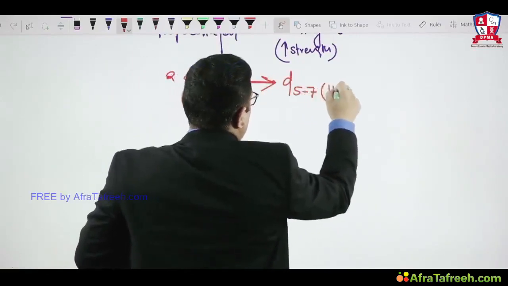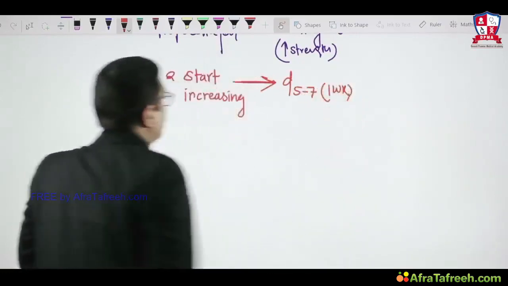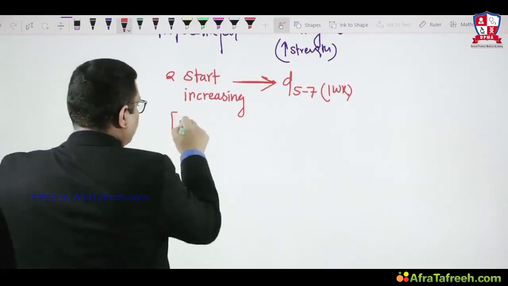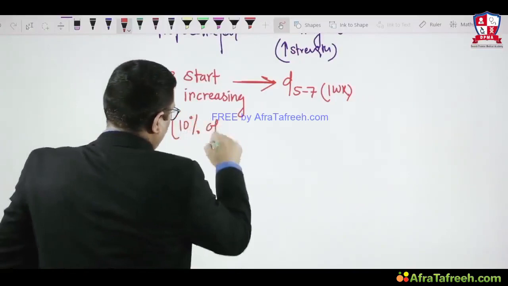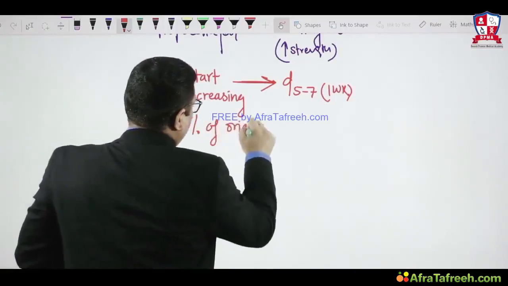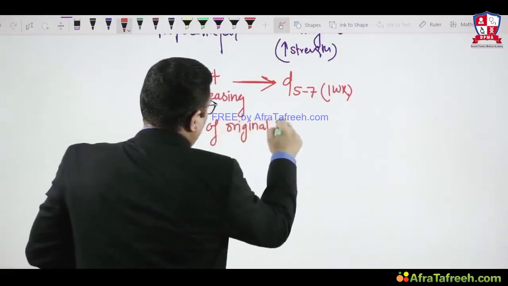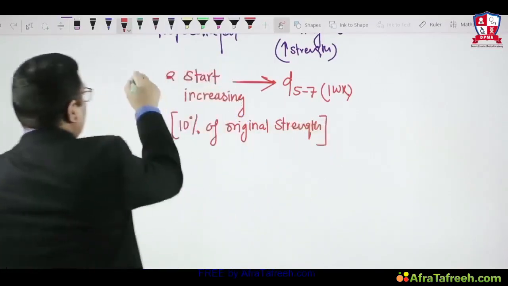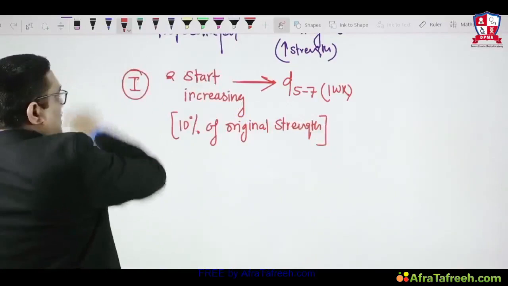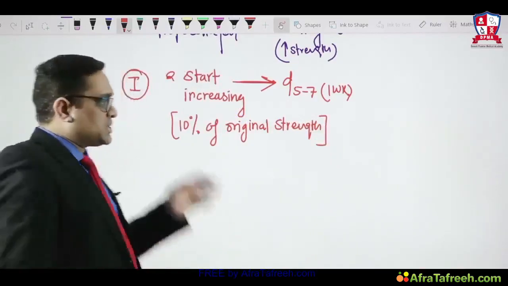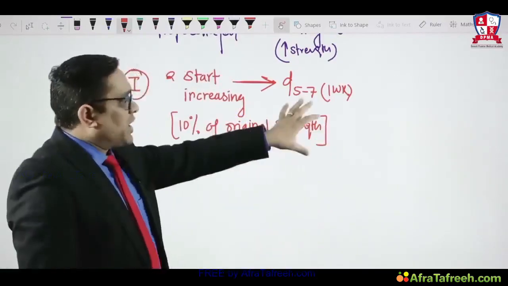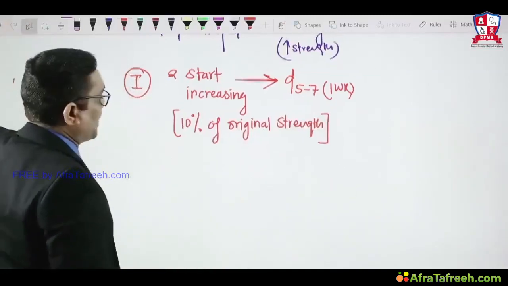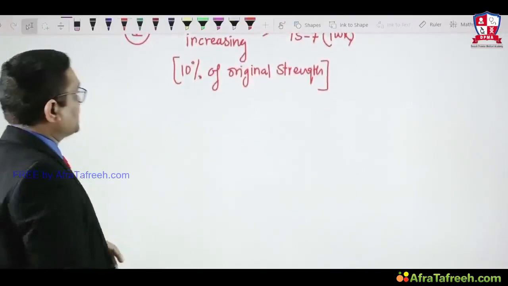So approximately you can see at the end of the first week, wound strength will start increasing, and this will be 10% of the original strength, right? So whenever the examiner asks, after any injury, wound strength will start increasing by what day? Your answer should be 5 to 7 days, and that will be 10% of the original strength.